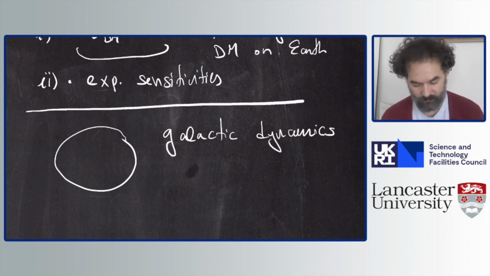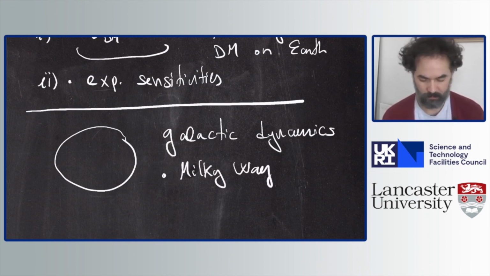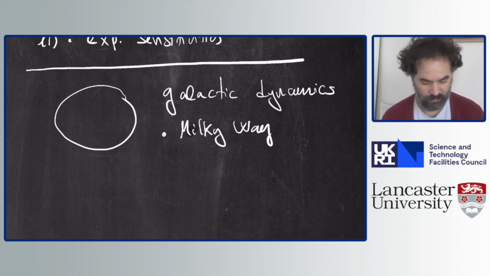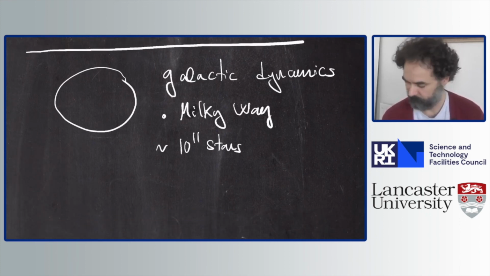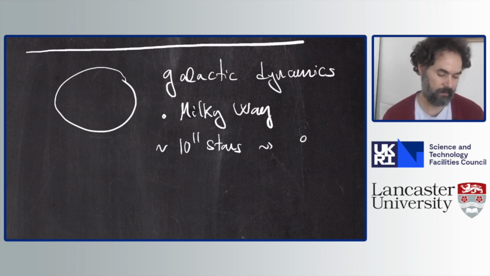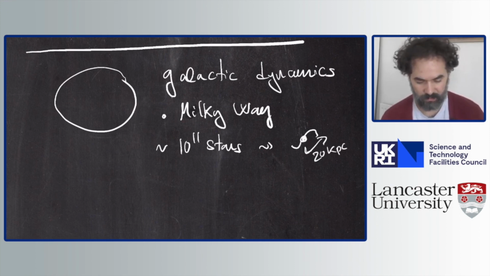So the Milky Way, which is the galaxy that we care about for these things, has some properties. It has 10^11 stars. They live in a disk of size 20 kiloparsecs, more or less. The Sun, by the way, is in the outskirts.